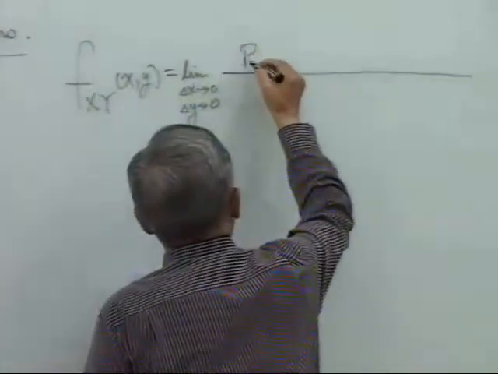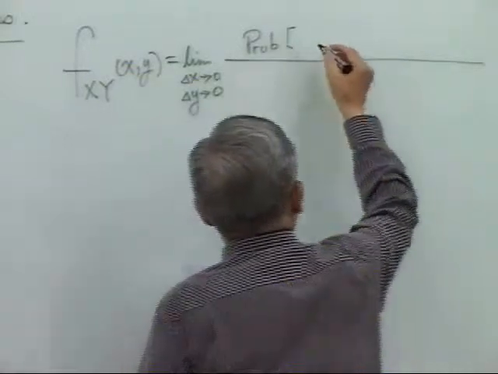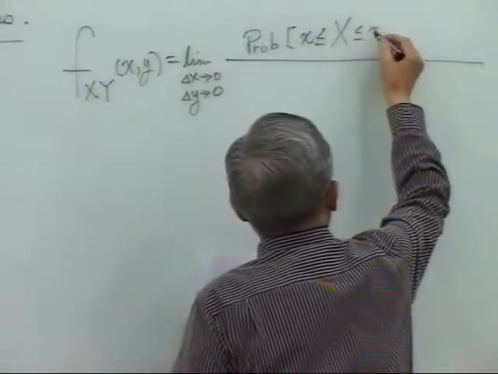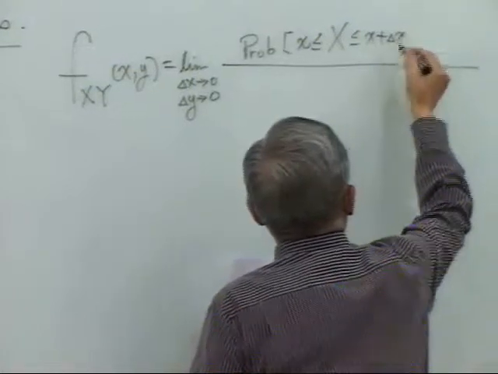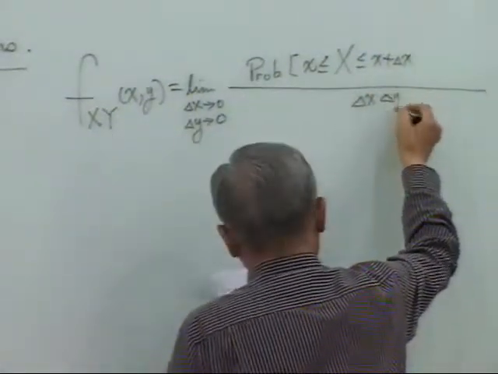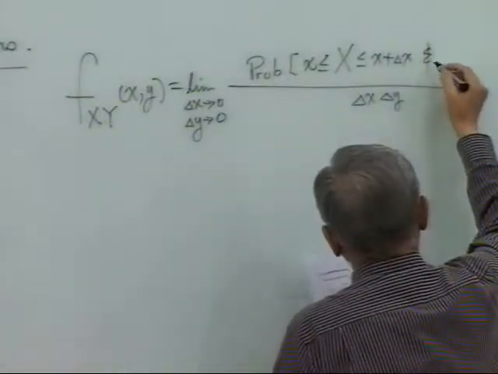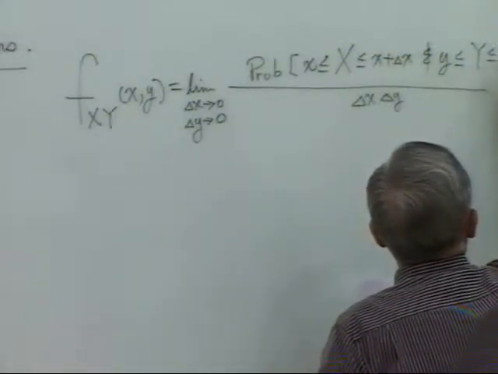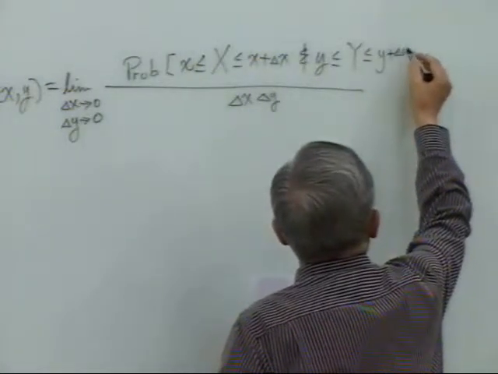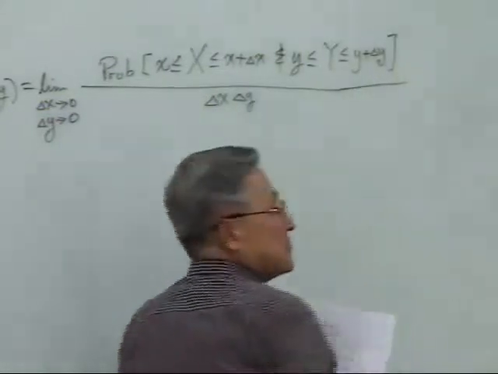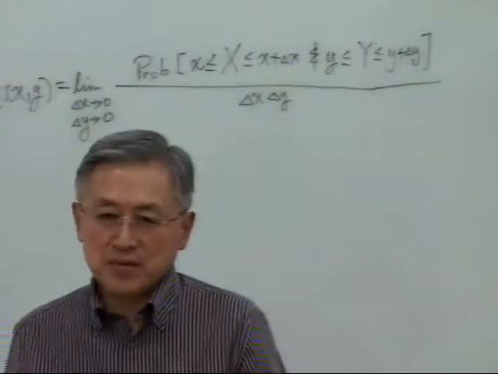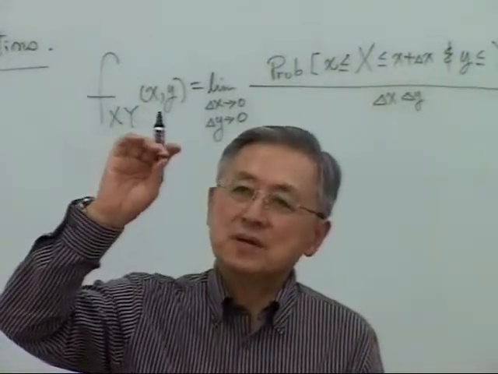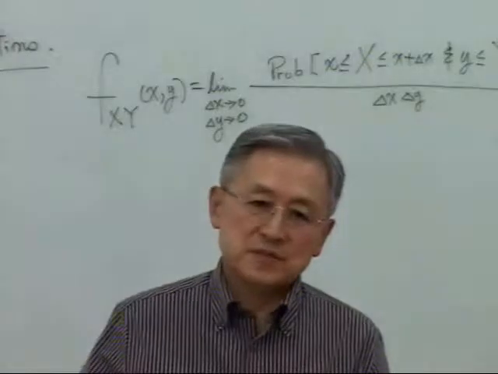So probability such that X, capital X, x plus delta x, and the y, capital Y. If you look at it carefully, it's a tangential plane, really a tangential plane at any given point on the surface.